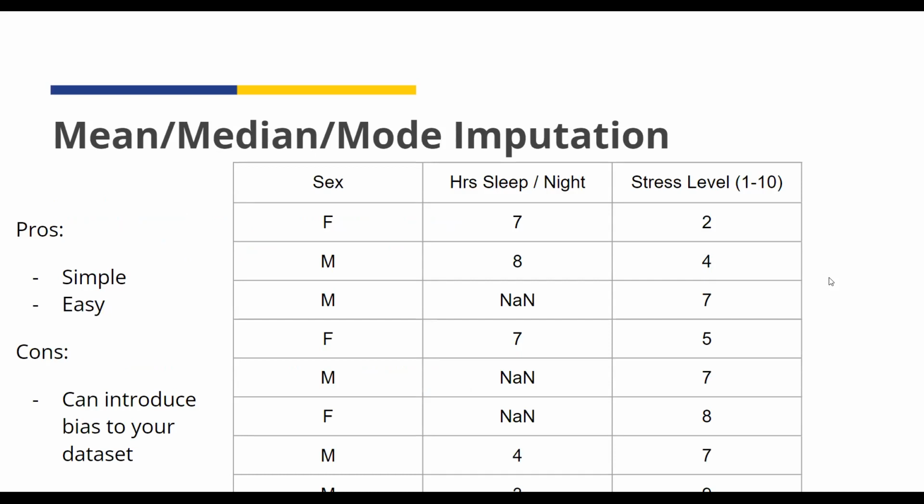So you've probably heard of this before, but imputing by mean, or in some cases median or mode, in the case of categorical variables, is one way of dealing with it. And the upside to this is that it's very simple to just take the mean. Say we have this data set that's sort of like a mock set here.